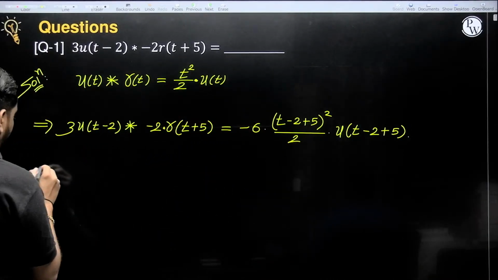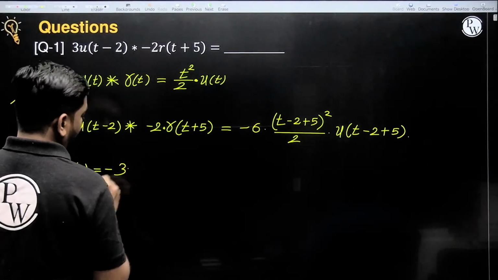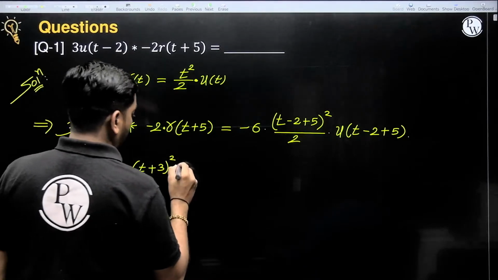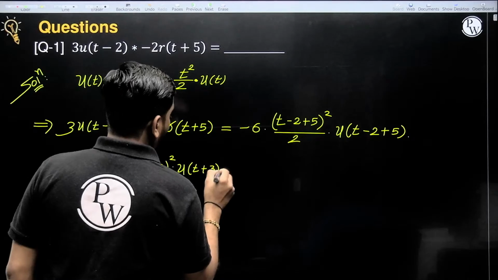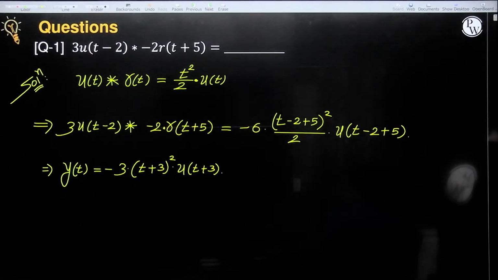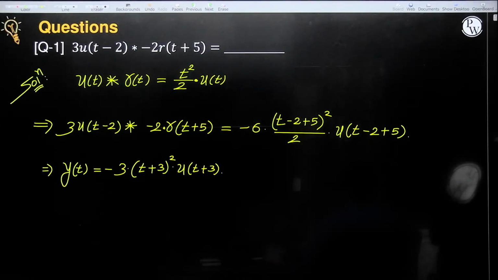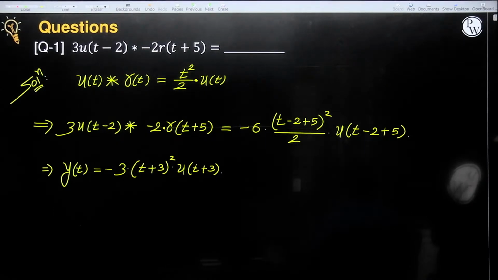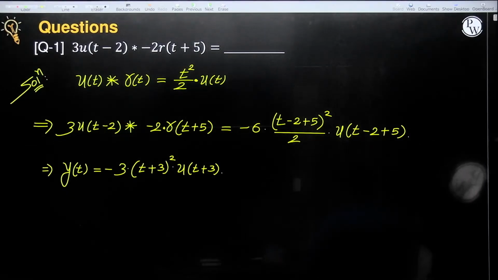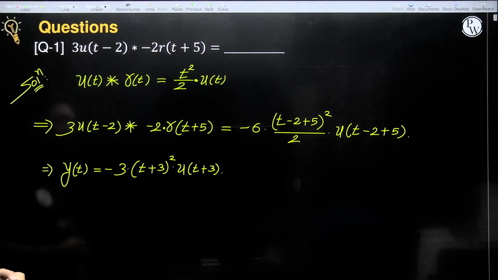So y of t is nothing but minus 3 into t plus 3 whole square into u of t plus 3, correct? Clear guys?